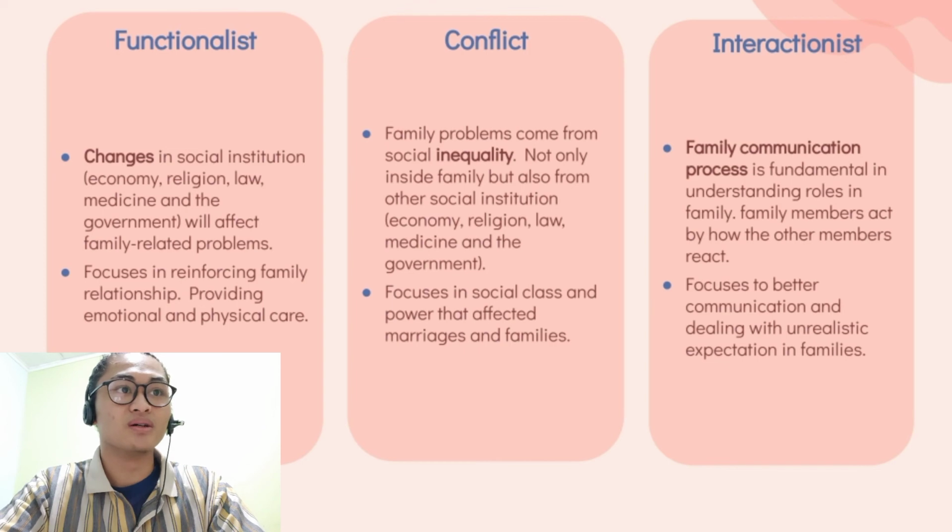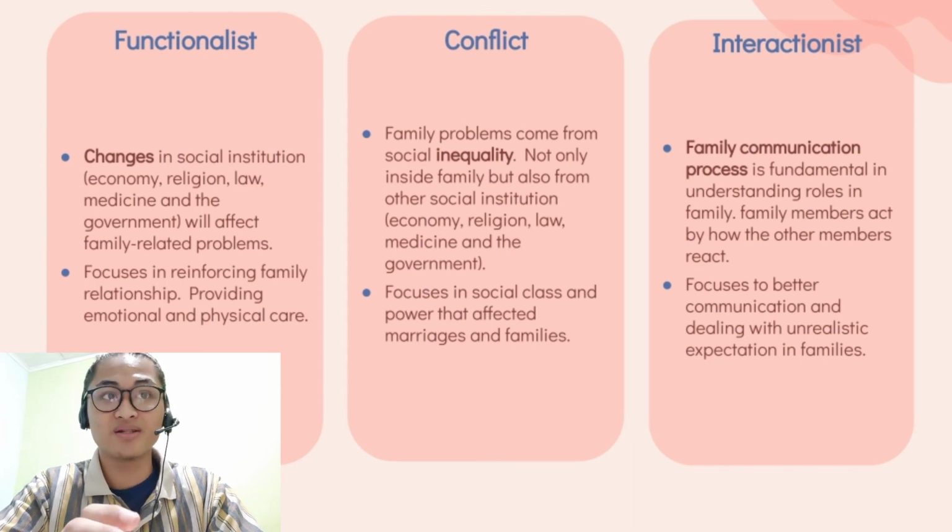For example, the no-fault divorce law is increasing the number of divorcees and single-parent families. Their solution is to emphasize keeping families together and reducing ills like domestic violence, abortion, and divorce. Because divorce will affect other social problems, it's better to reinforce families.